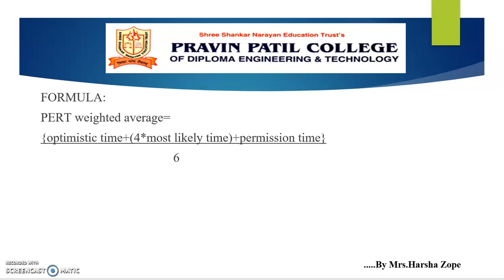The formula is PERT weighted average equals optimistic time plus 4 into most likely time plus pessimistic time, divided by 6. By using this formula, you can calculate the value of PERT.